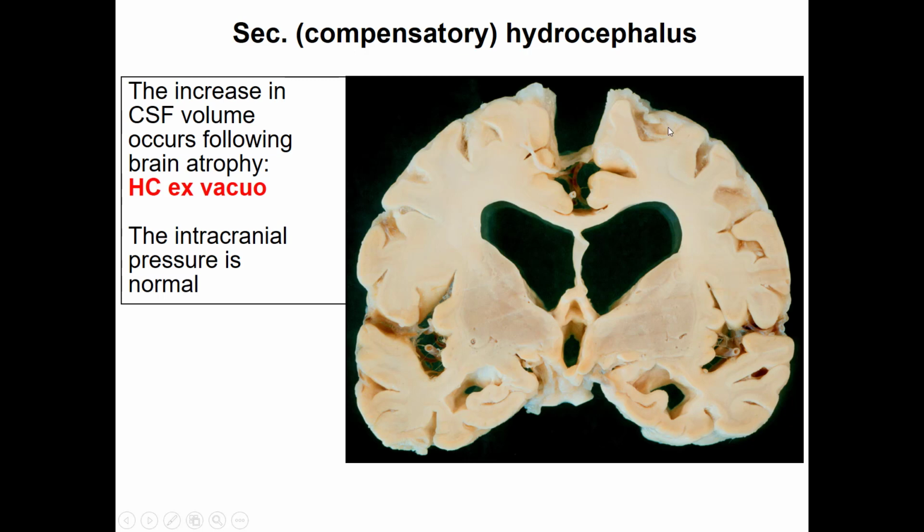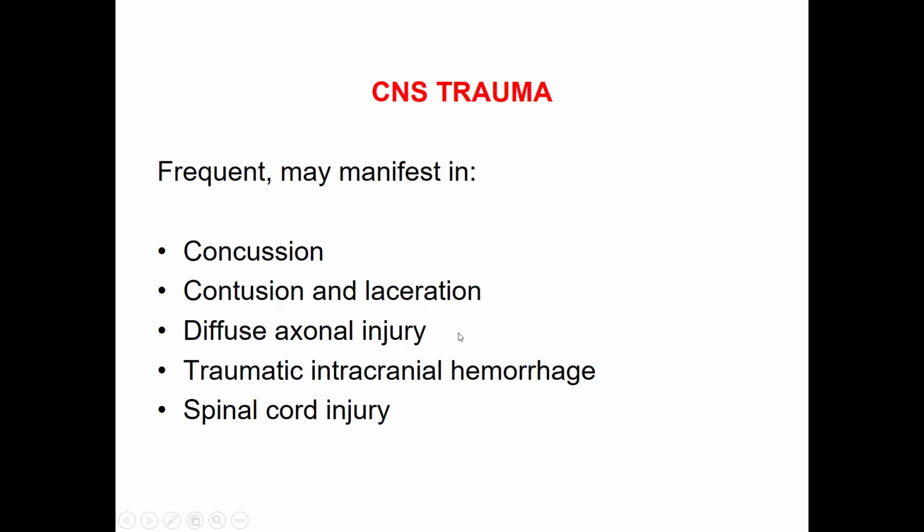And as you see, the gyri are pretty narrow, the sulci are widened as a sign of cerebral atrophy. The sylvian fissure is also widened. Here is the insular cortex. Here you see the putamen and the pallidum, which are of relatively normal size, a typical feature of Alzheimer's disease type neurodegeneration.